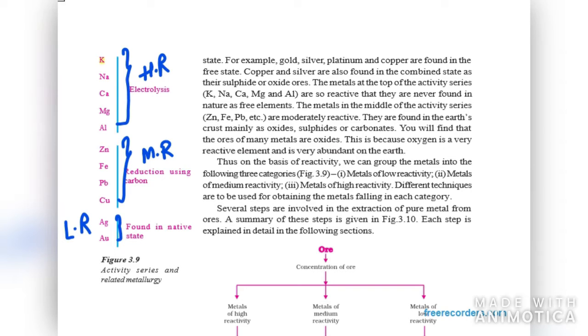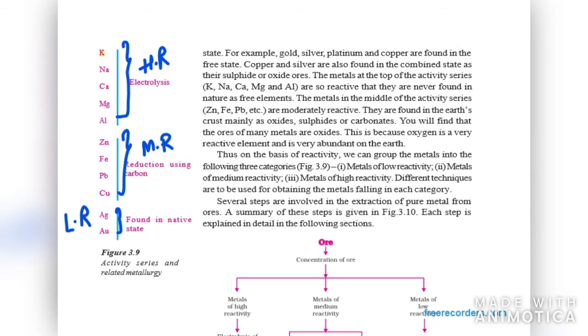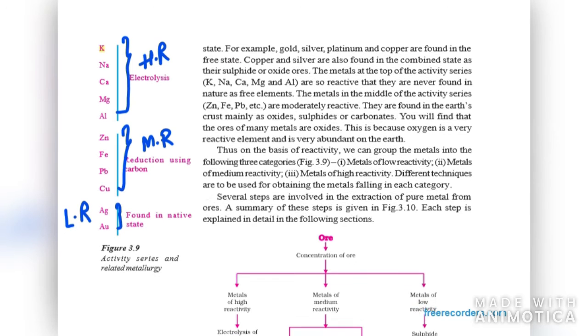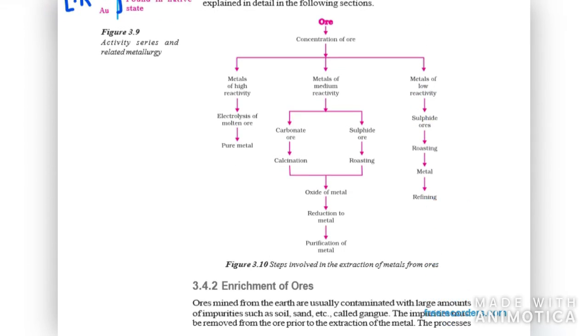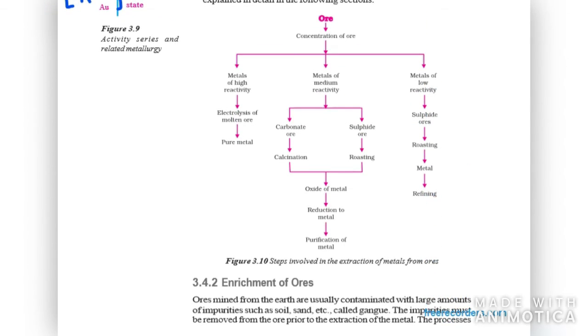Now let's see how we can actually get these into pure form. So as you know, high reactive metals are quite reactive. That means they would be reacting with any other element or any other gases in environment. So let's see how to extract metals from high reactivity. So actually we can make use of electrolysis of molten ore.